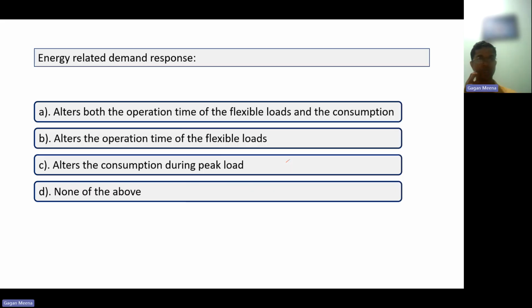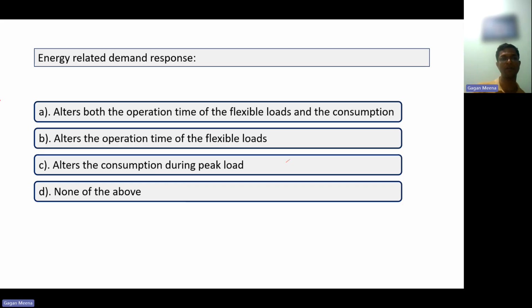Now the next question is on energy related demand response. We have two: task related demand response and energy related demand response. In energy related demand response, time is not important. Time is fixed, but energy can be changed here. So it only alters the consumption.